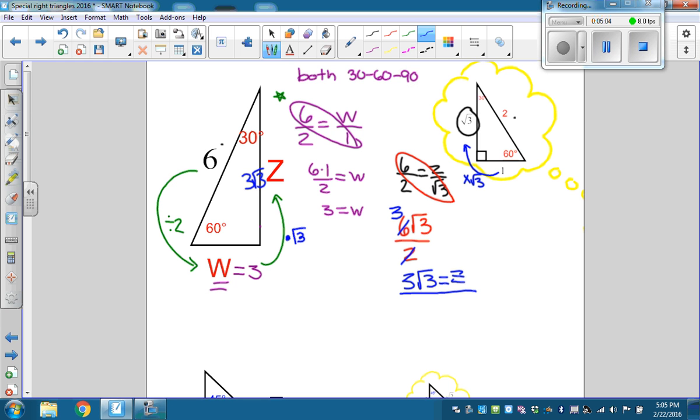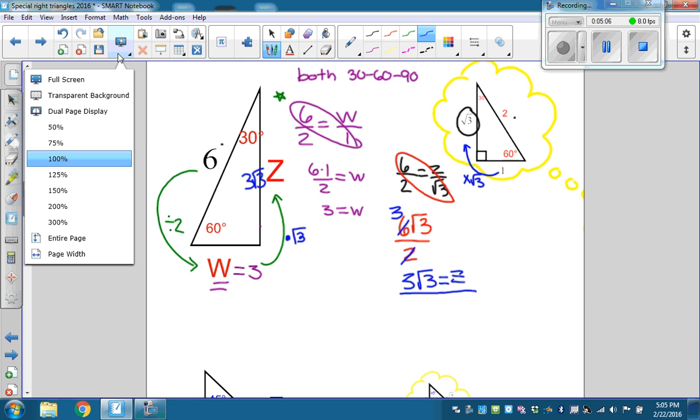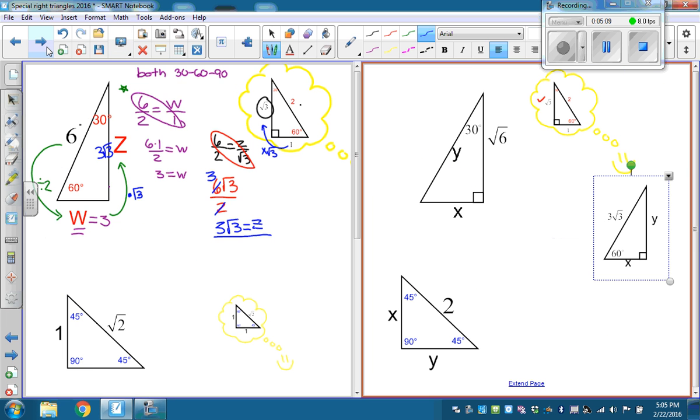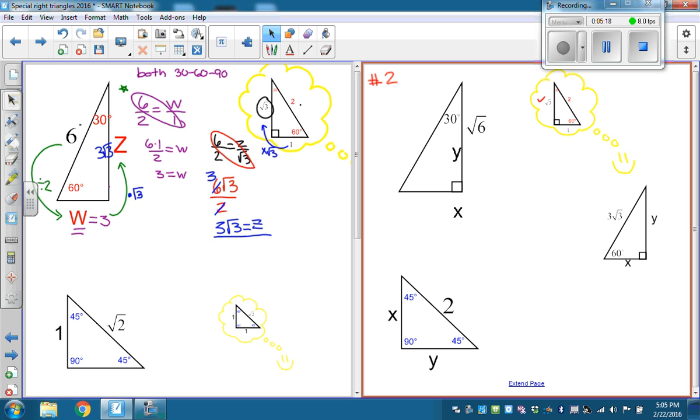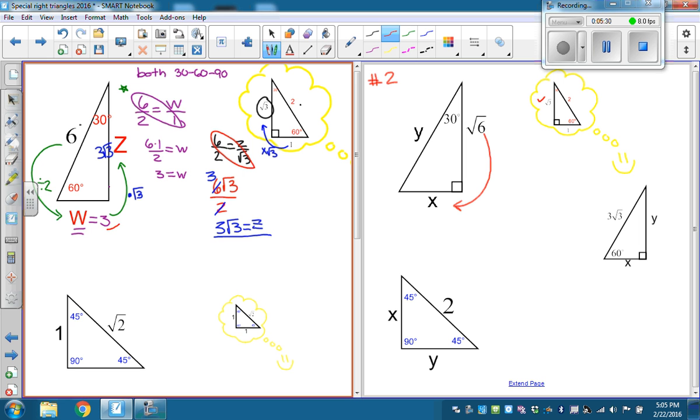So we're going to do a second example. Let's look at this problem number 2 here. By shortcuts, I should be able to go from the long leg to the short leg. Because if going from the short leg to the long leg is just multiplying by the square root of 3, to go from the long leg to the short leg, I can divide by the square root of 3.